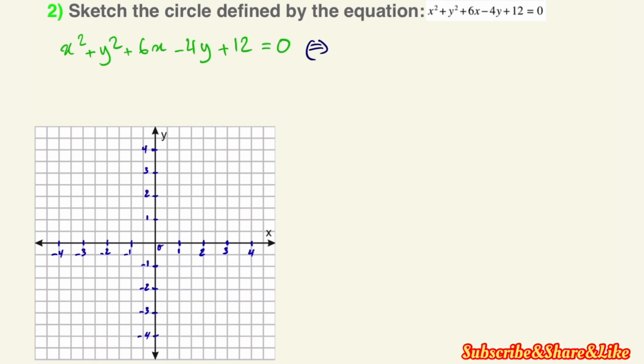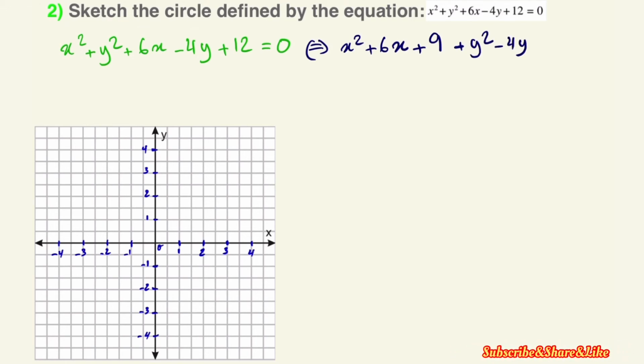Let's do that. So we have x squared plus 6x plus 9 plus y squared minus 4y plus 4. Since we add 9 and we add 4, we have to subtract them.